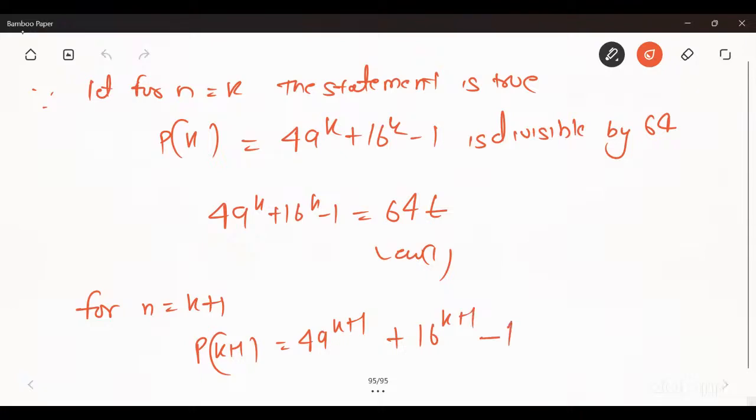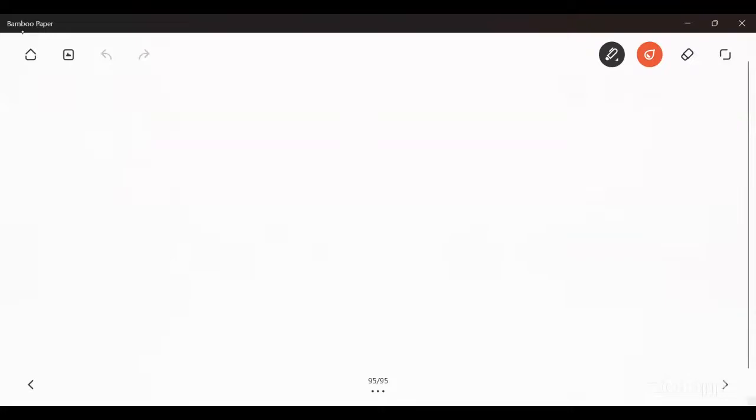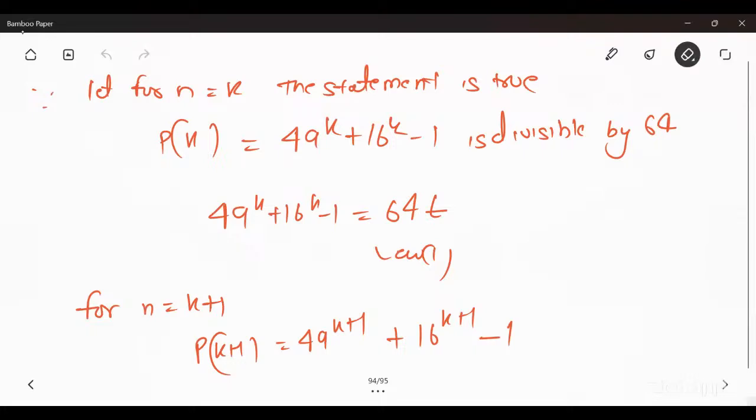Okay, so I am writing the step once again: 49 to the power k plus 1 plus 16 to the power k plus 1 minus 1.